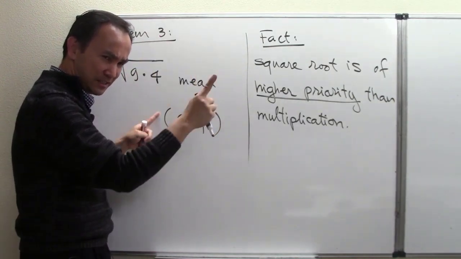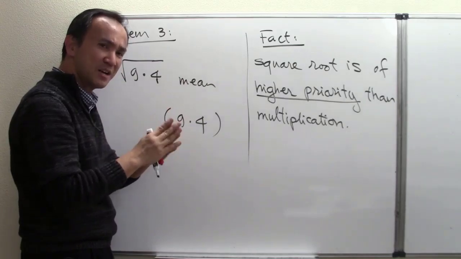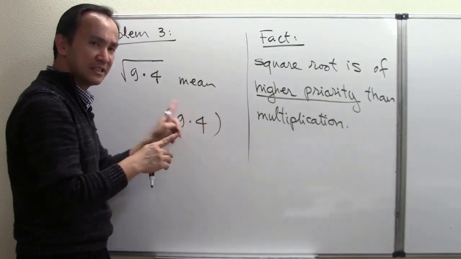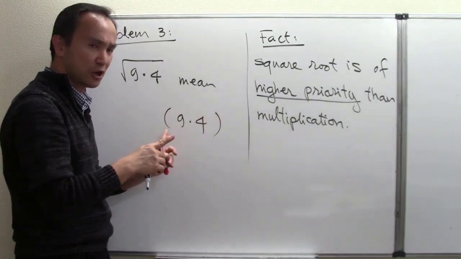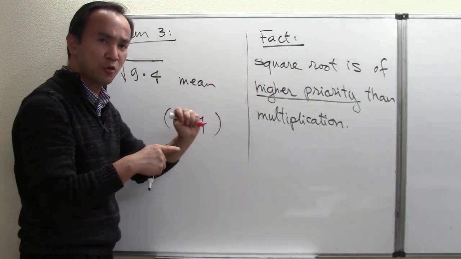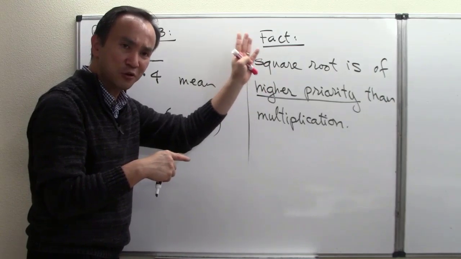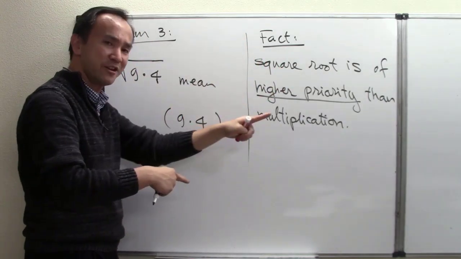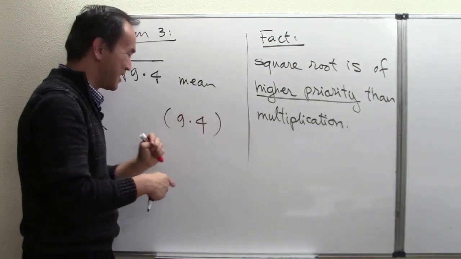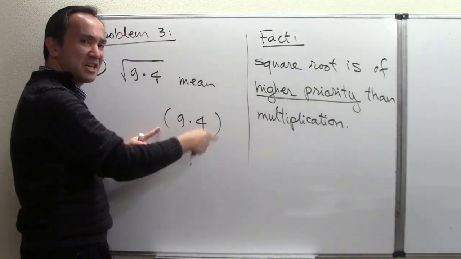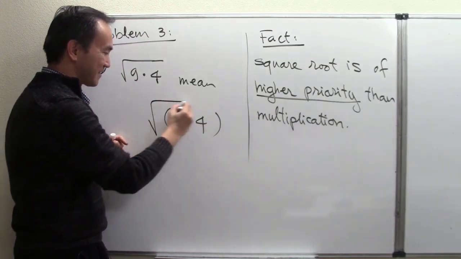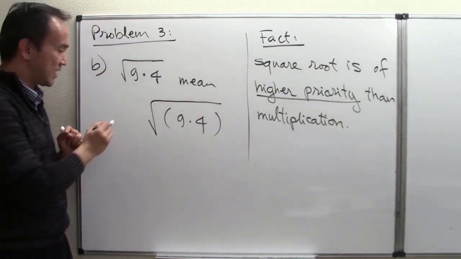According to what we've learned so far about PEMDAS, the order of operations, parentheses stays the highest priority. So no matter if we learn a new operation, the new operation still has lower priority than parentheses. Whatever is grouped inside parentheses, we have to finish that first and take the square root as the final step.